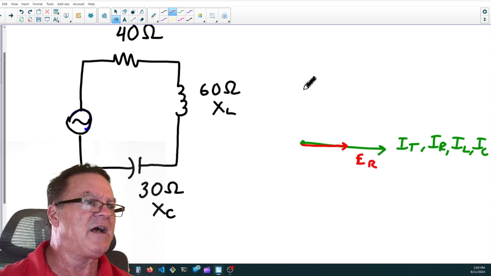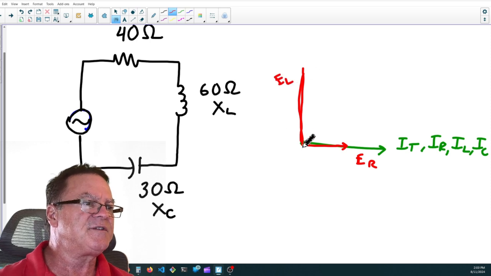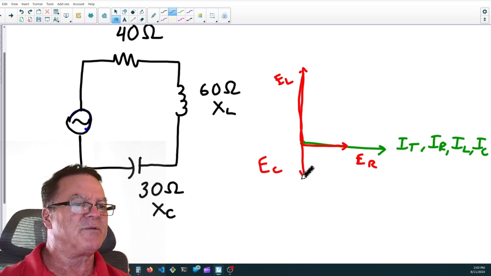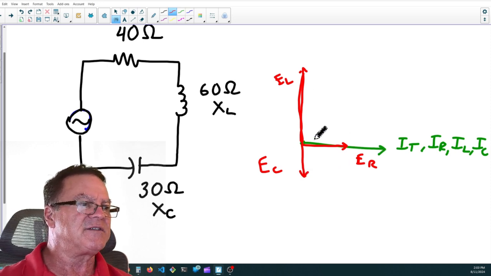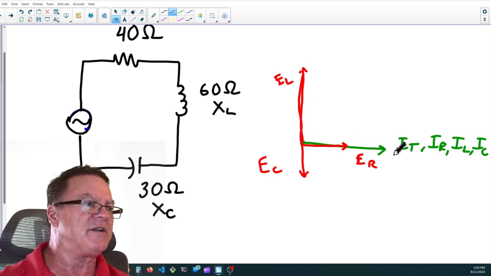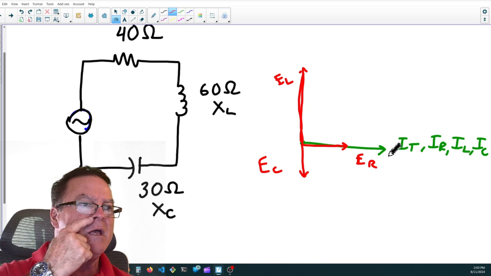And since ELI the ICEman, this is going to be the voltage drop across the inductor, EL. And this is going to be the voltage drop across the capacitor, EC. Notice they're 180 degrees out. And ICE, current leads voltage in a capacitive circuit, voltage leads current in an inductive circuit.